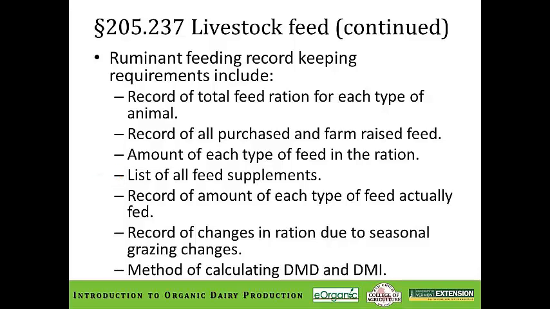And then a record also has to be kept of the actual amount of each type of feed that was fed to each group of animals. And then ration change records, which are each time the ration significantly changes during the grazing season, must be kept. And then also the method being used on the farm to calculate both dry matter demand and dry matter intake from pasture.